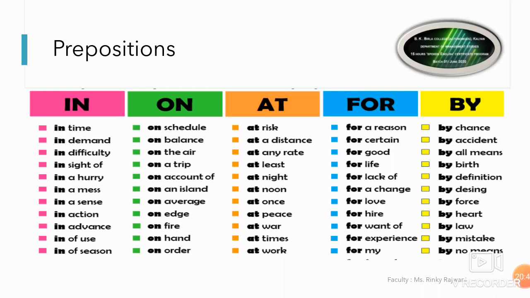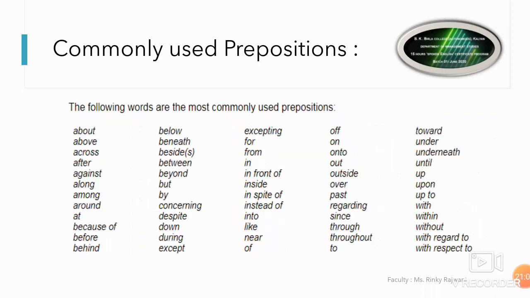The book is placed at a distance. At night, at once, at peace. We generally say he is at peace. So before this word peace, at is being placed. At war.